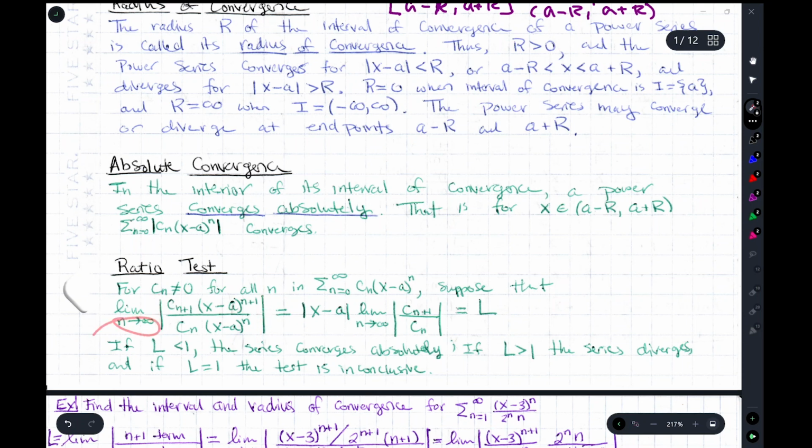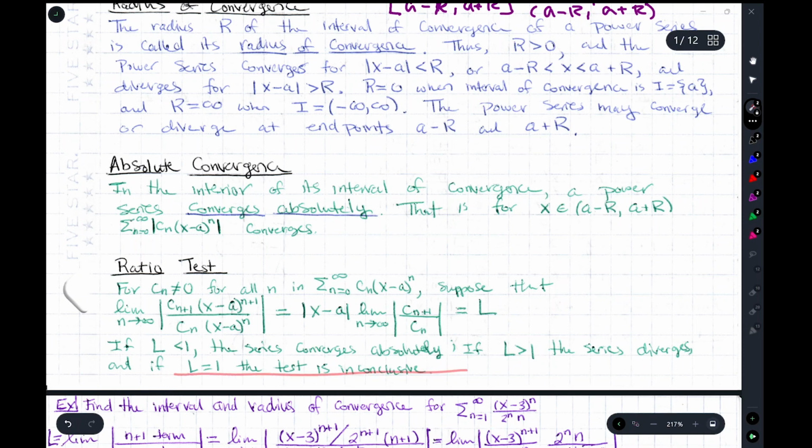You're looking at the ratios of these really far out terms, and you'll get this L, which we just leave as L for this statement. If L is strictly less than 1, the series converges absolutely by the ratio test. If L is strictly greater than 1, the series diverges.